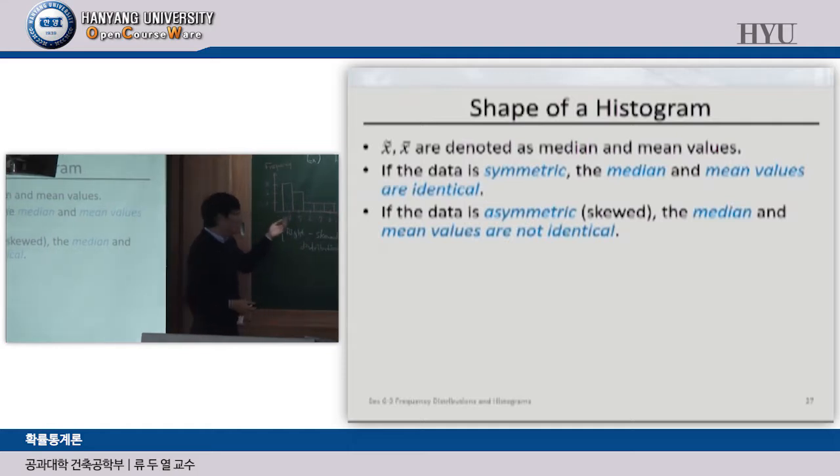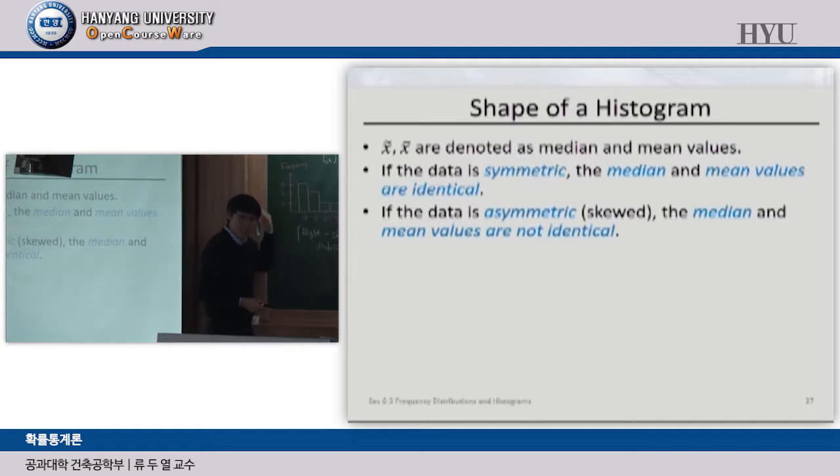I'm going to say again, if you have larger frequency values on the left side, this kind of distribution is called right skew distribution. And for example, if you have larger frequency values on the right side, that is the left skew distribution.